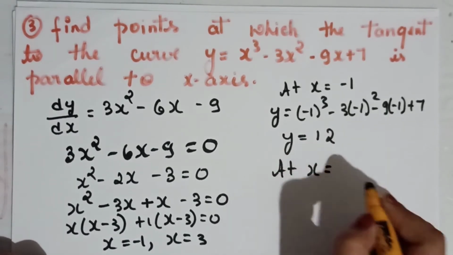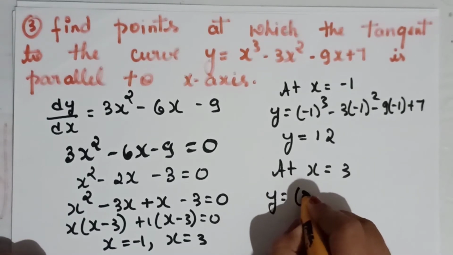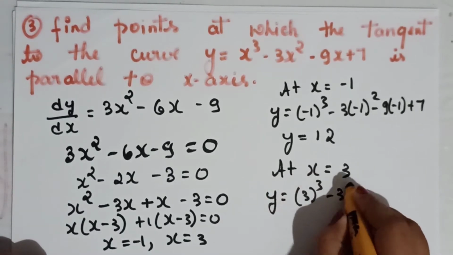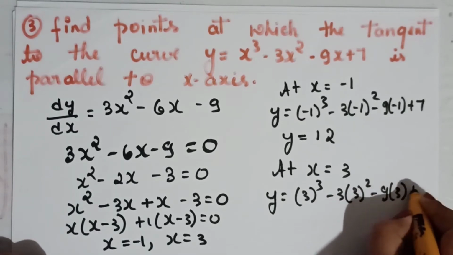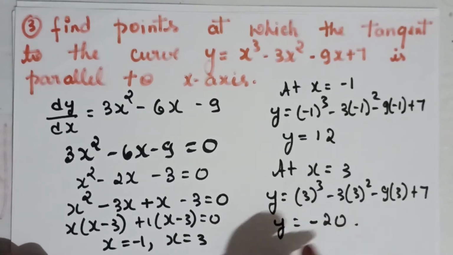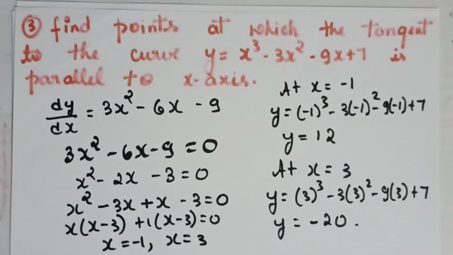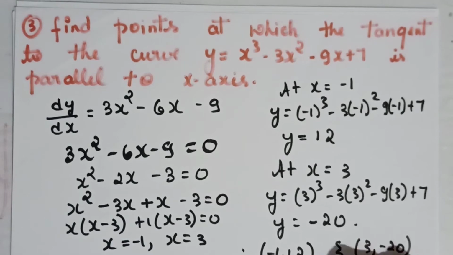At x is equal to 3, y will be equal to 3 cube minus 3 into 3 square minus 9 into 3 plus 7, that is equal to minus 20. Therefore, the points will be minus 1, 12 and 3, minus 20.